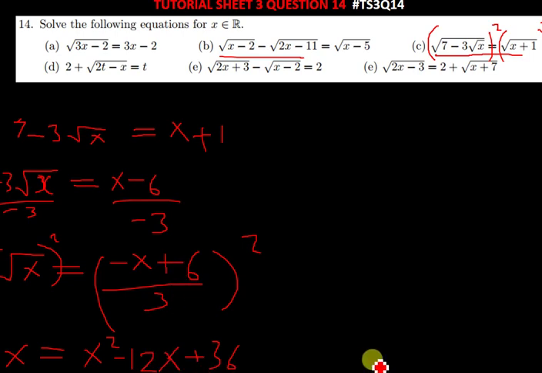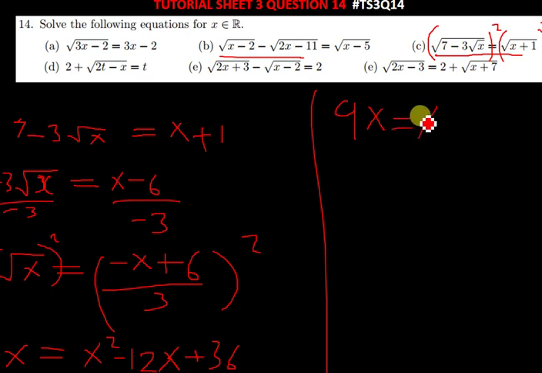So when you cross multiply there, you have something like 9x being equal to x squared minus 12x plus 36.